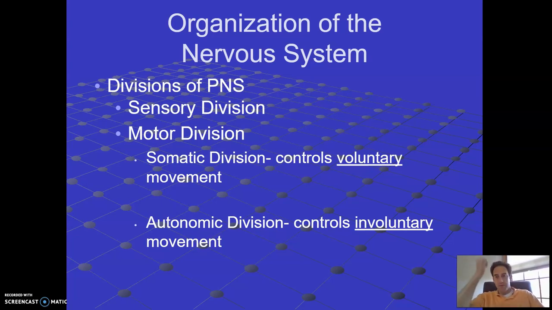So if I'm moving my arms, my head, my eyes, these are all somatic division movements. Autonomic division controls involuntary movements. Autonomic movements are things like the movement of food through your digestive tract, or your heartbeat, or your blood vessels constricting and expanding to regulate blood pressure. That's an involuntary movement. You have no control over that.